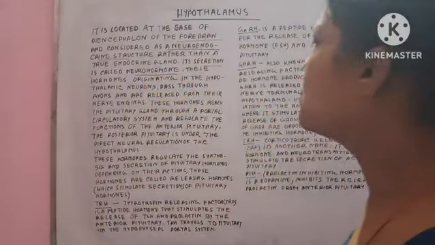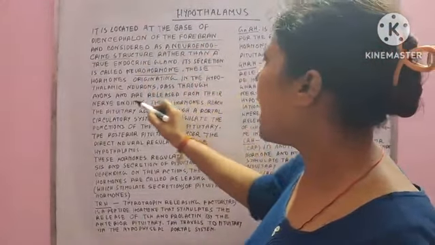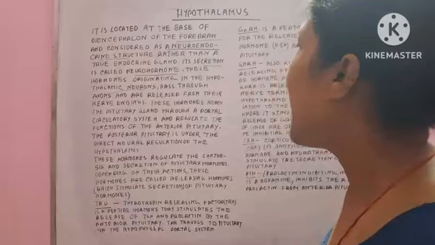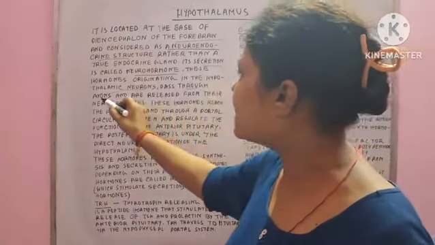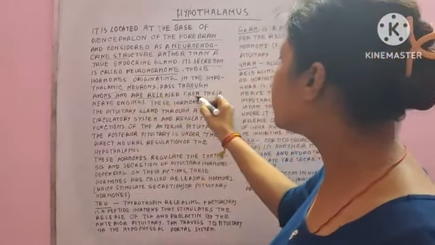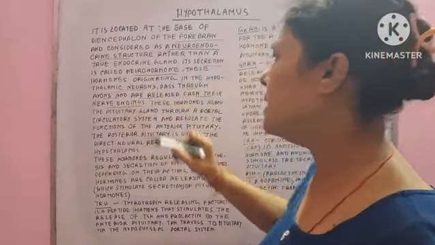These hormones originate in the hypothalamic neurons, pass through the axons and are released from their nerve endings.